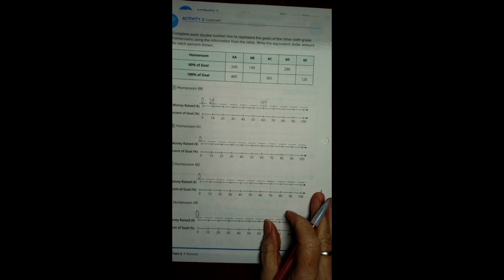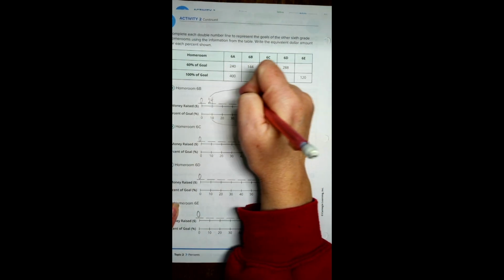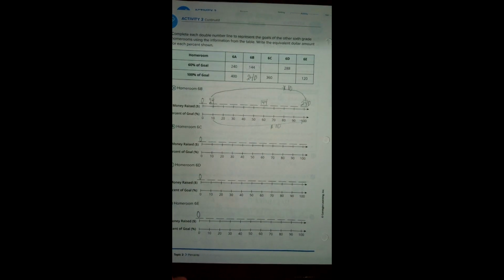So if that's 24, how do I go from 10 to 100? It's a times 10. So 24 times 10 will get us 240. So I will show you that you could fill this out along the way here. We could fill out each of these.